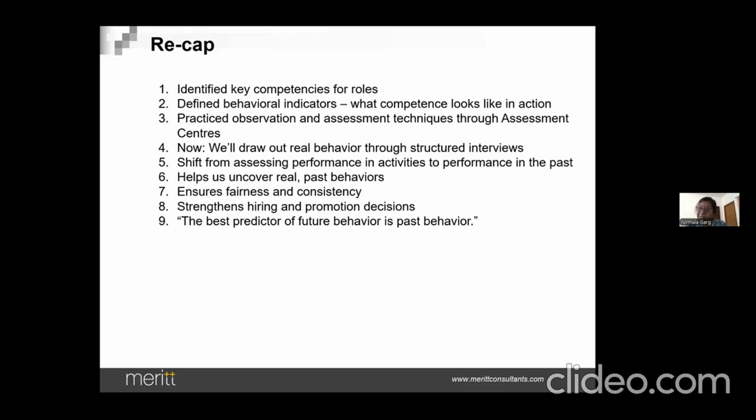The key technique is how do I ask questions, how do I do a behavioral event interview? Today, that is the currency to hire a candidate. Because as you know, recruitment is such a costly affair that if you are not hiring the right candidate, you can incur huge costs.